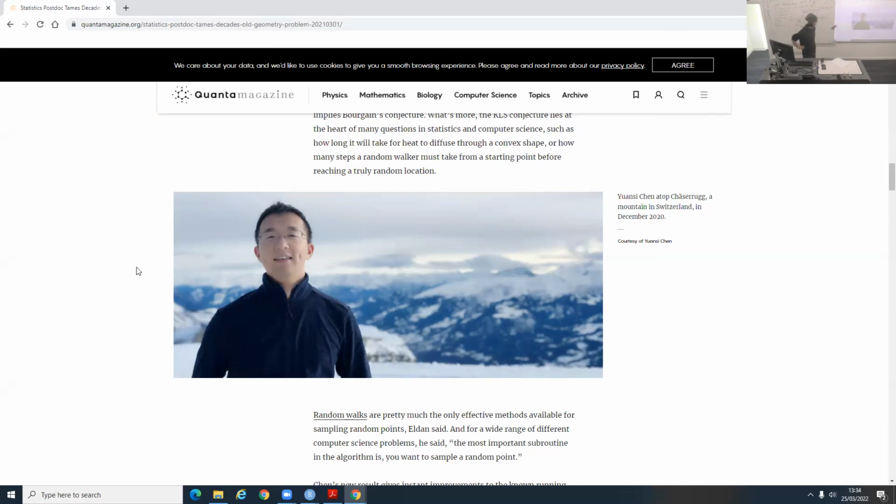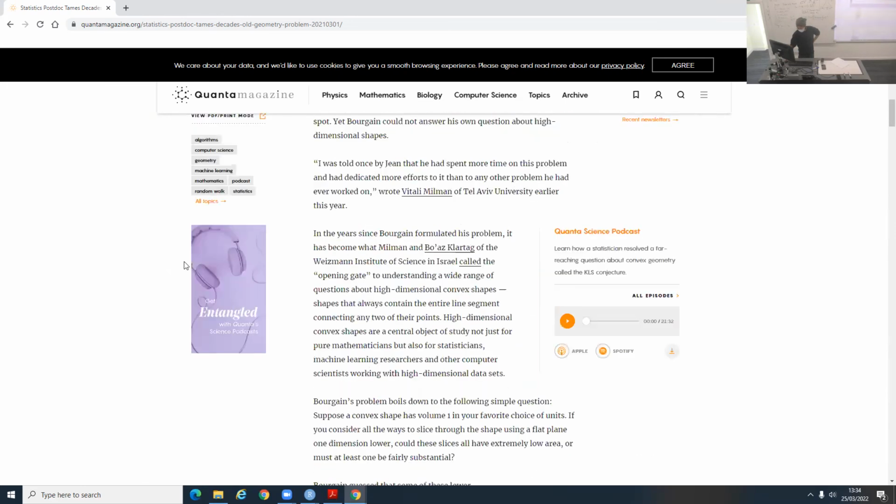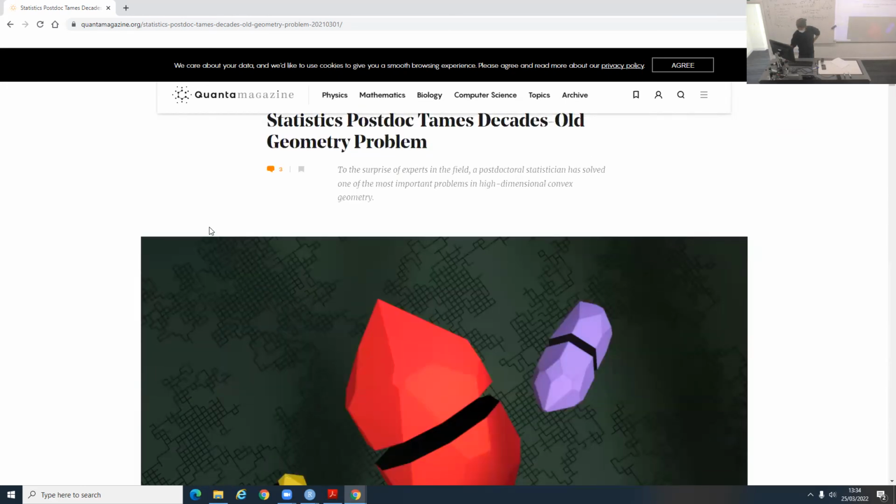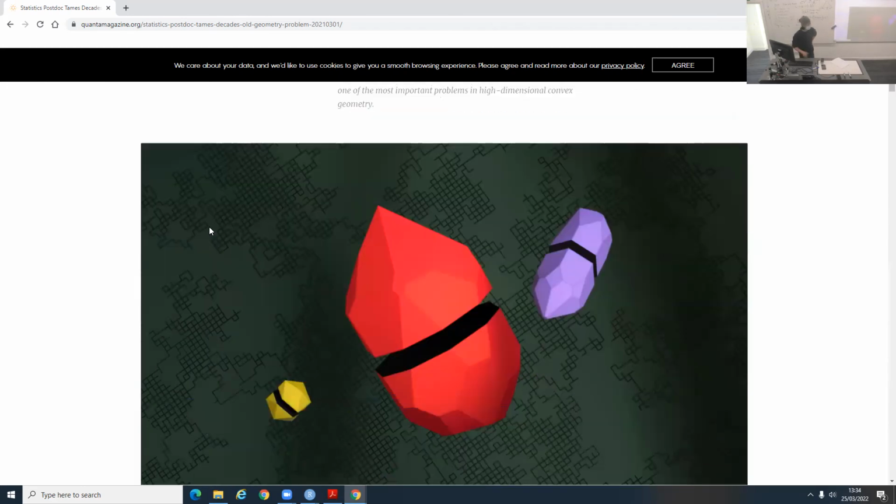He got his doctorate at Berkeley, and then he went to Zurich for his postdoc. While he was at Zurich, he proved this conjecture in convex geometry when he was trying to study mixing time. In mixing time, there's one approach to tackle these problems by coupling or this bottleneck ratio. I'm not going to go into detail, partly because I have a limit of time, and partly because I don't understand them.